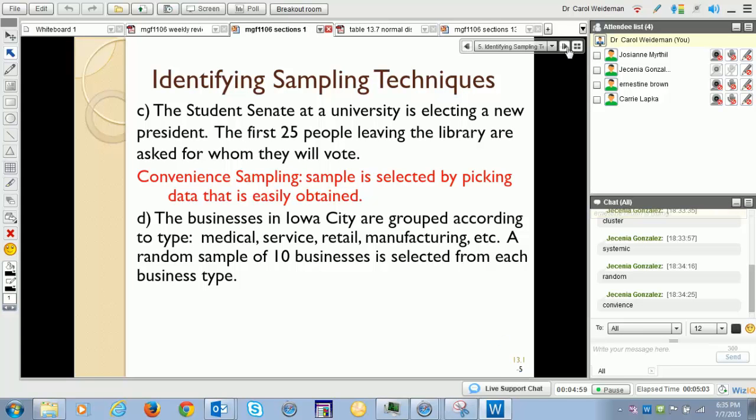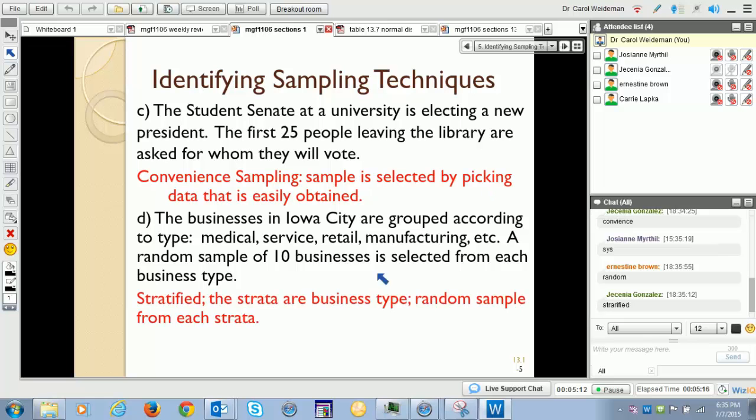That one's called... No, not systematic. No. Yeah, this is stratified. Yeah, sorry, this is stratified. Yes. Okay, they're divided into business types, and then we take a random sample from every one of the types. Different from cluster, where the clusters are groups that are there already, but then we only take a random sample of the groups. Here we're going to use all the business types. So that's called stratified sampling.